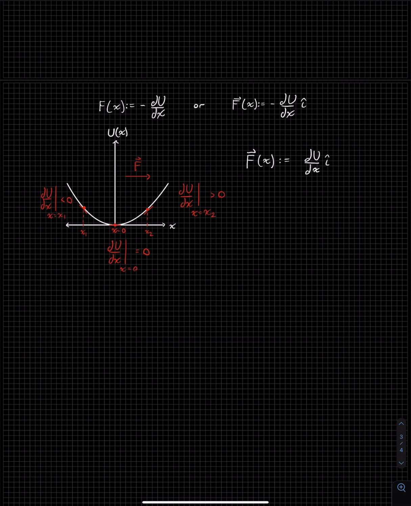Okay? And by similar argument, in the left region over here, this is negative, right? So we're going to get a force which points to the left. So what's wrong with that?